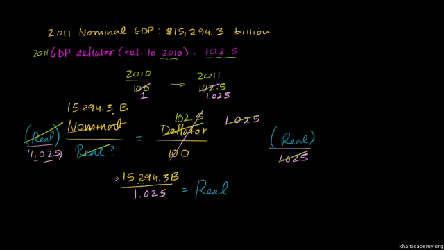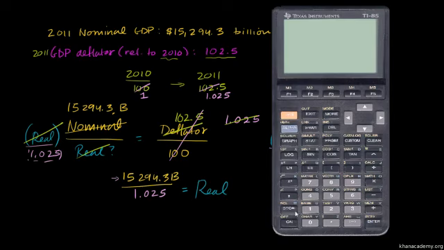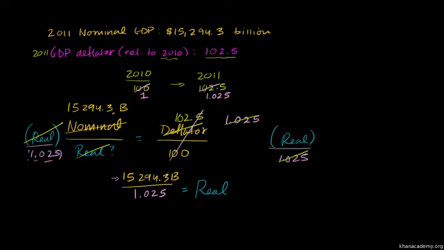We're deflating the current dollar one, and I'm going to need a calculator to figure this one out. So let's get the calculator out. We'll just do everything in billions: 15,294.3, divided by 1.025, so our answer is going to be in billions. That gives us 14,921.3. So let me take that off the screen so I can remember what that says. I have a bad memory. All right, so this is our real GDP.